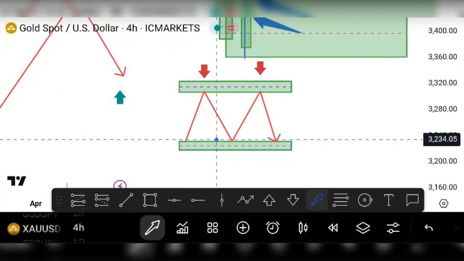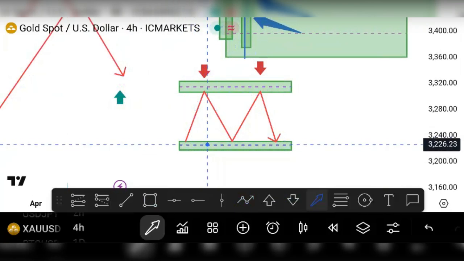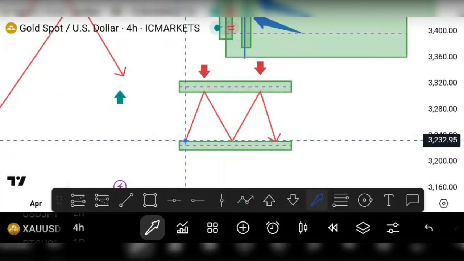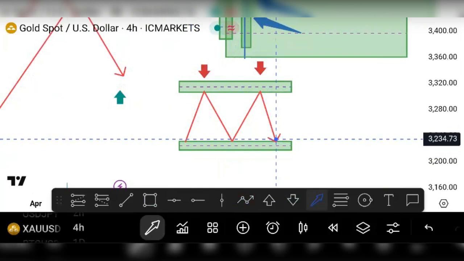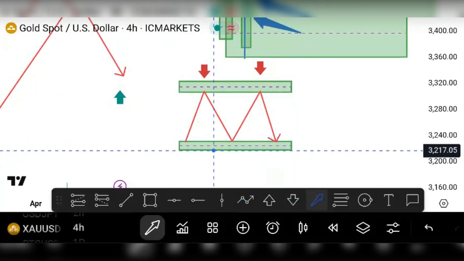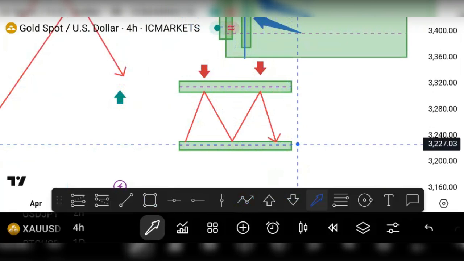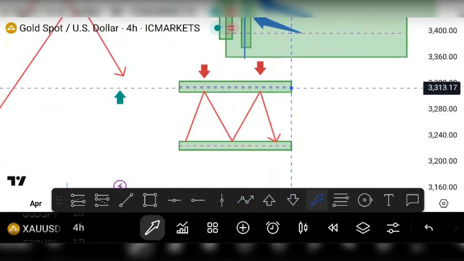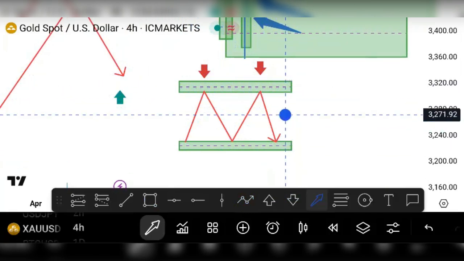Then we call it a support level, because price tested it like 3 times, 1, 2, and then 3. So we call it a support level. But if you are using the SMC concept, we call it a demand zone and a supply zone. Now let me go back to the chart.